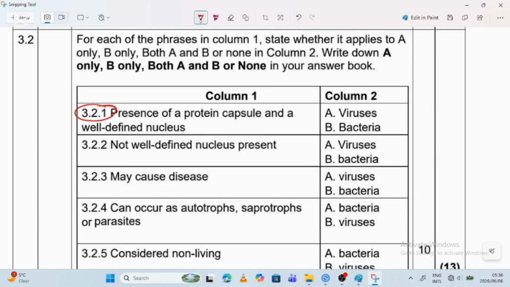You have to say whether it's viruses or bacteria. As long as they're talking about capsules, just know that they're talking about bacteria. In viruses it's a capsid, and in bacteria it's a capsule. So this will be B only.